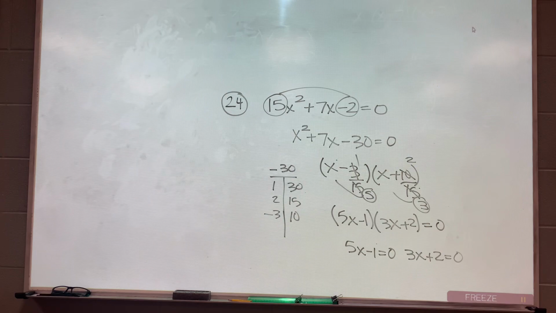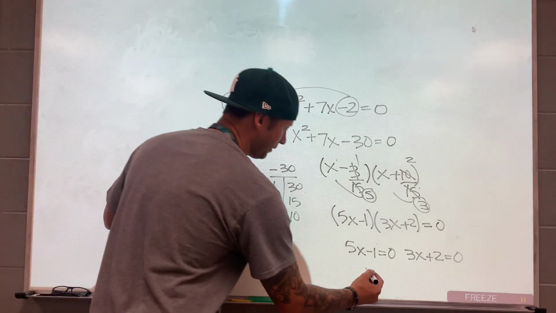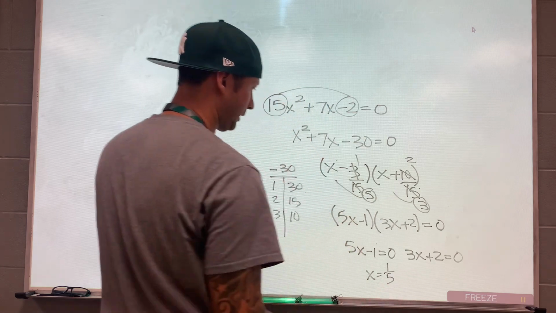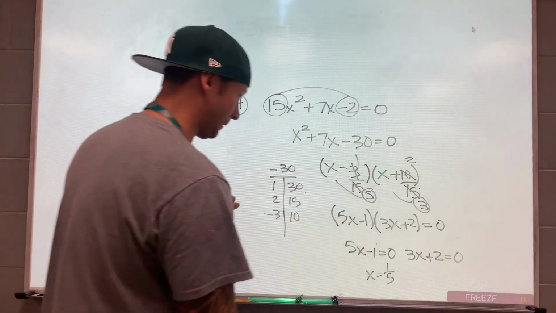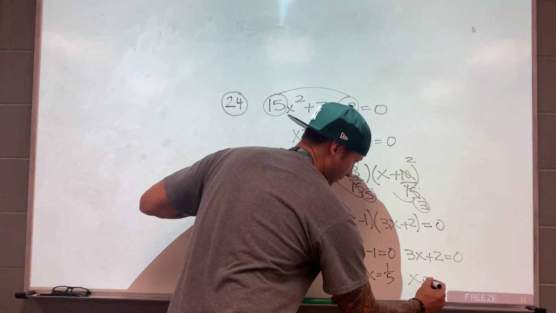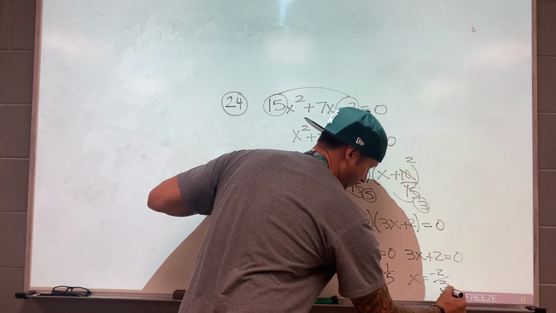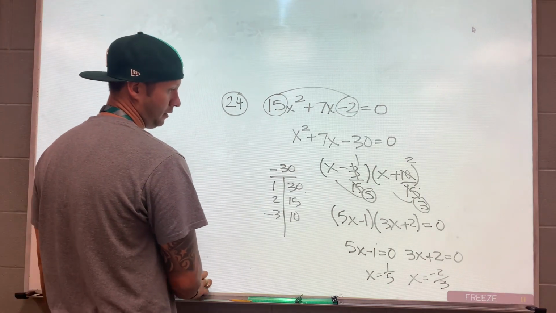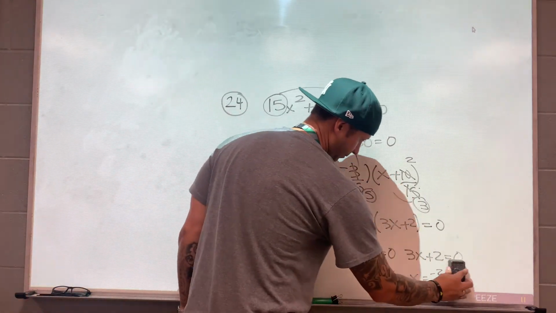So this is going to be plus 1 divided by 5. This is going to be minus 2 divided by 3. Can we still see the marker? Yeah, we can. All right, those are our solutions.